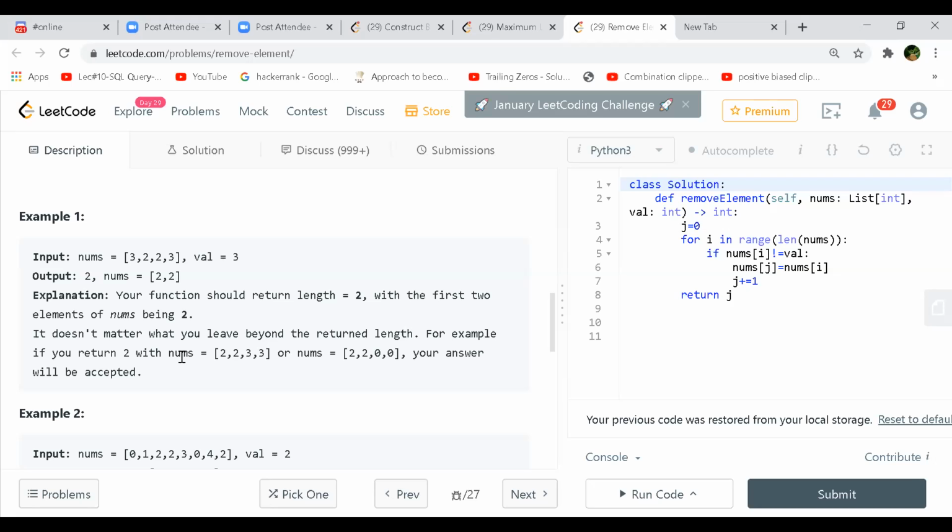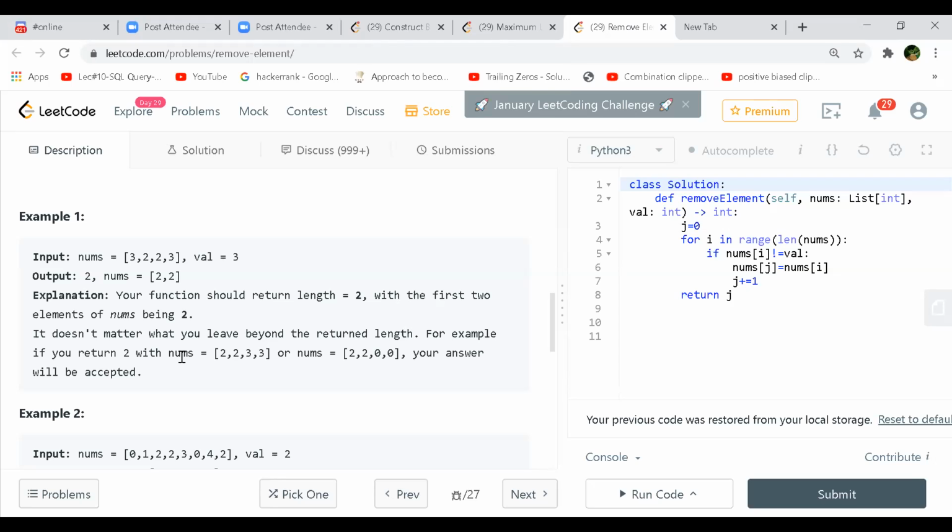My fast runner is initially pointing at 3, so it doesn't go into the if condition. My if condition says the fast runner is not equal to value, and when it hits the 2, that's when it enters the if condition. Then it copies that. My slow runner is still pointing at index 0, so it copies from the fast runner to the slow runner, and then the slow runner moves.